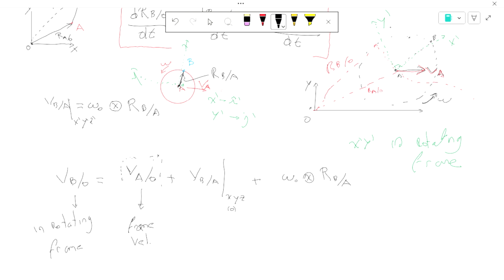And obviously, in order to know what the velocity omega is, we have to know what is the radius. So omega cross the radius of B to A. As we mentioned, if this is a circle, then this radius is fixed, this is a constant. If it's not a circle, then we need to introduce a function right here.